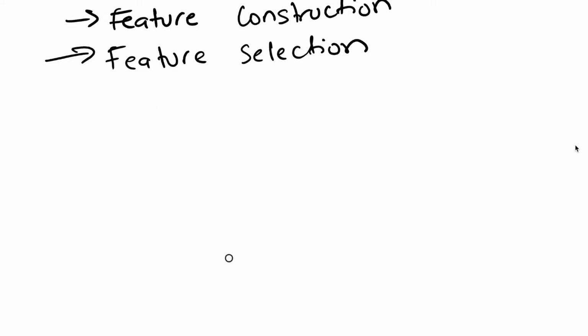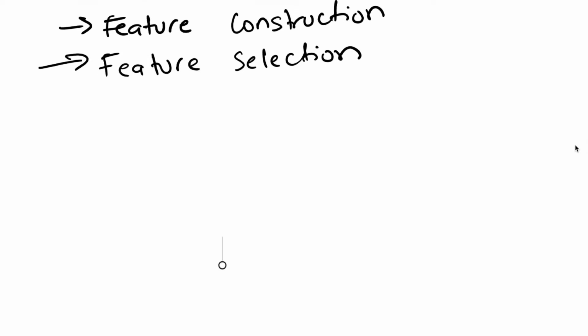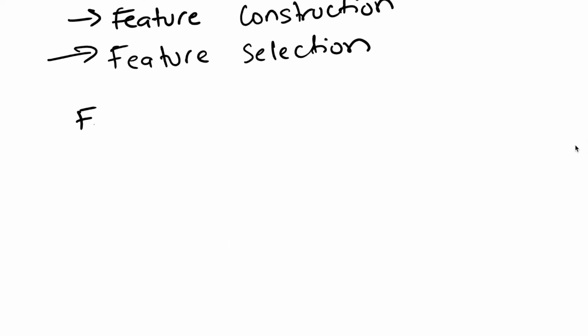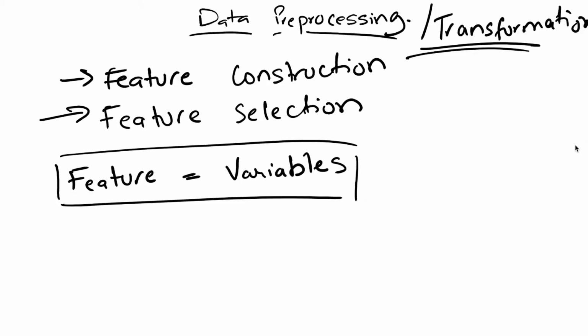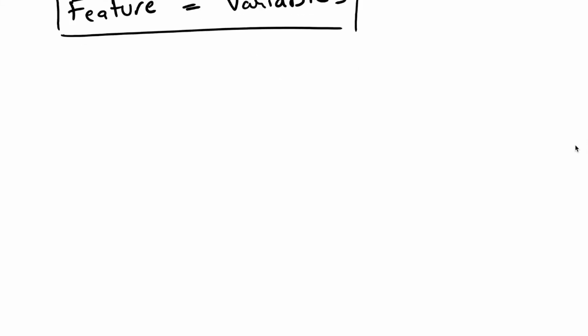Feature construction means constructing a new feature. Feature is also known as variables in your dataset. Now, when we're talking about feature construction, we basically want to focus on two things which can help construct a new variable or a new feature.